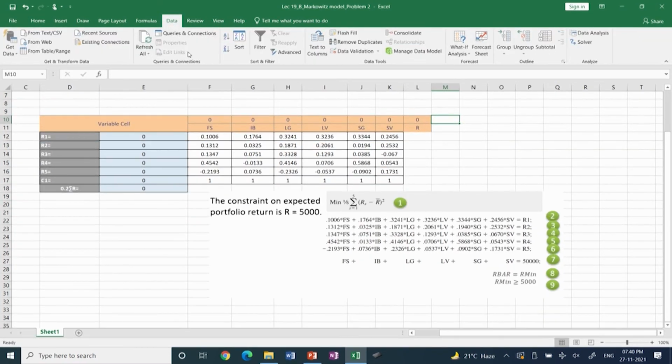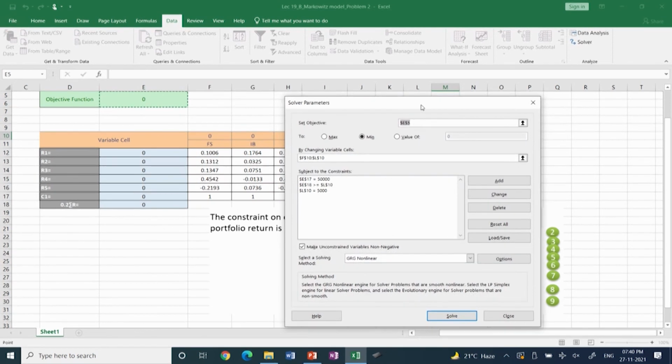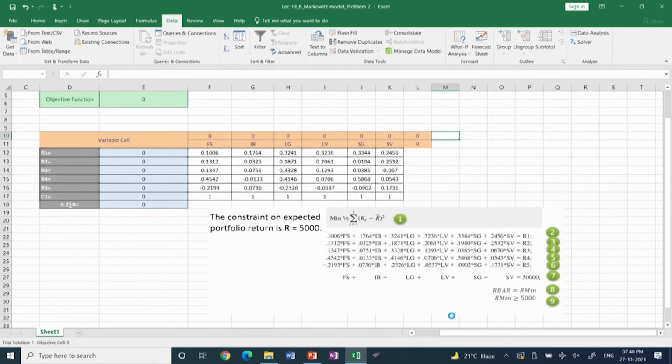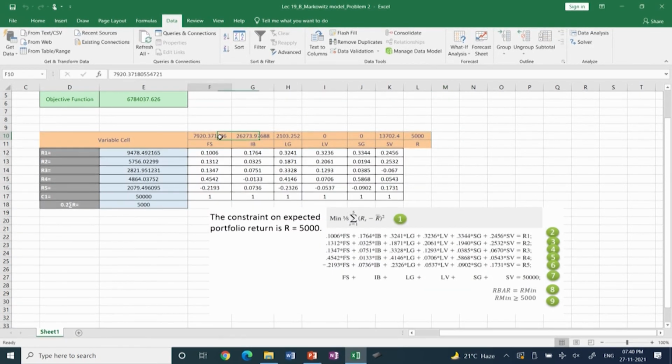When I go to Data and Solver, look at the constraint. E17 is 50,000. E18 should be greater than or equal to L10, and L10 is 5,000. When I solve it, the answer is FS 7,920.